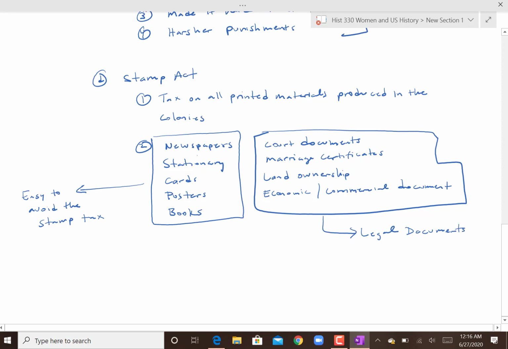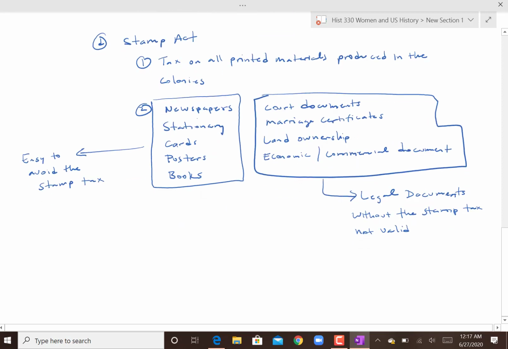And the significance of this is that without the stamp tax, they were not valid. And so, of course, that could cause a lot of problems for legal documents. This was immediately disliked, and you end up having protests.